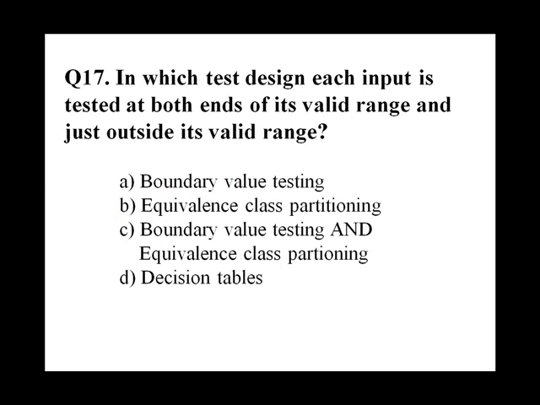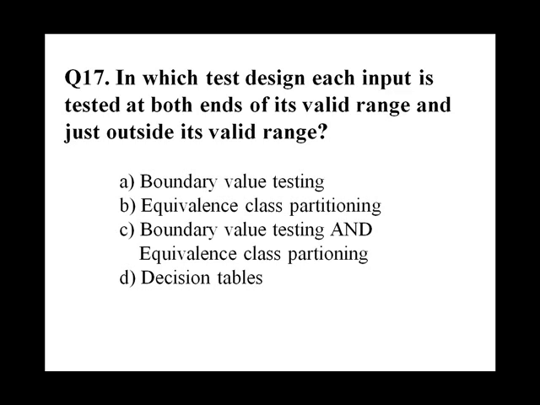Next question. In which test design is each input tested at both ends of its valid range and just outside its valid range? The options are boundary value testing, equivalence class partitioning, third option, boundary value testing and equivalence class partitioning, fourth one, decision tables.